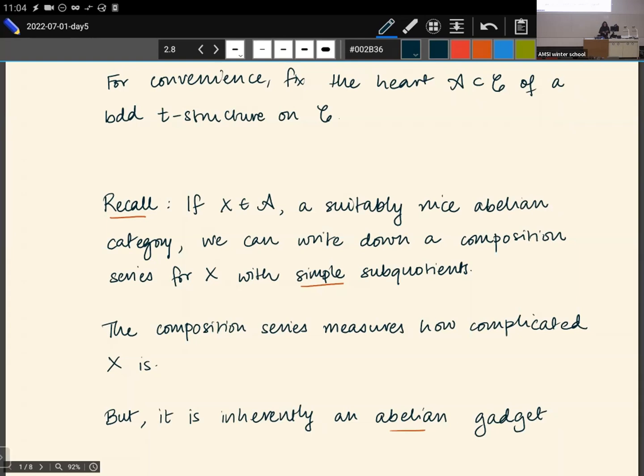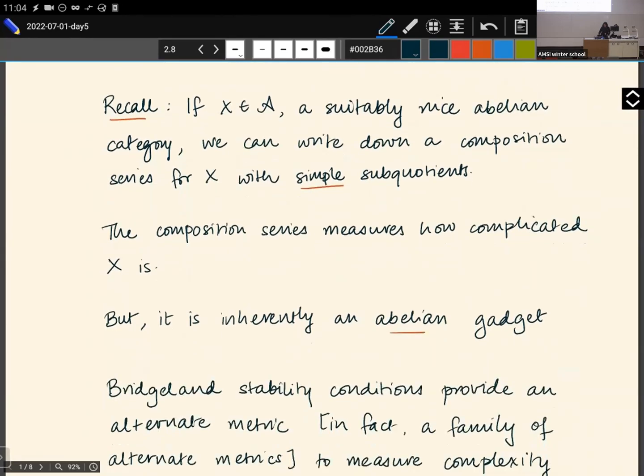This may or may not be a problem based on your point of view, but it's a fact. There are many things that Bridgeland stability conditions are good at, and one thing they're good at is getting around this problem. It's a way to measure the complexity of objects in your category which is more amenable to the triangulatedness of the category.